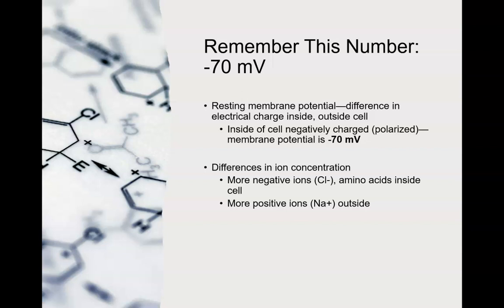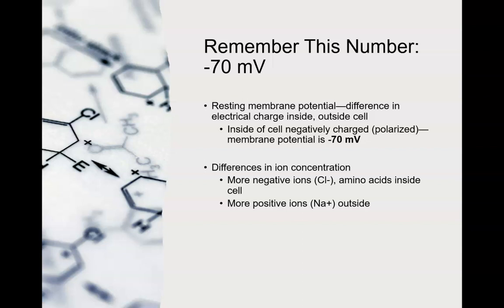So basically, at rest, the interior of the neuron is going to be negatively charged relative to the exterior. So basically, the inside of the neuron has more negative charge than the outside of the neuron. And this membrane potential at rest is set at -70 millivolts.